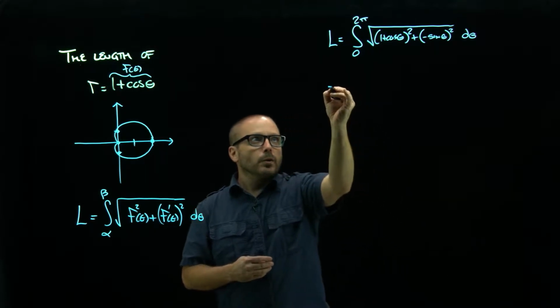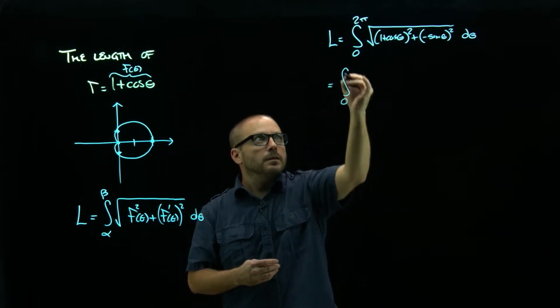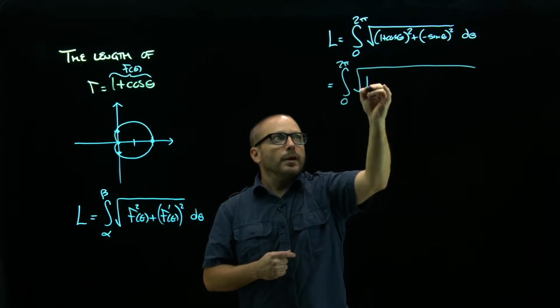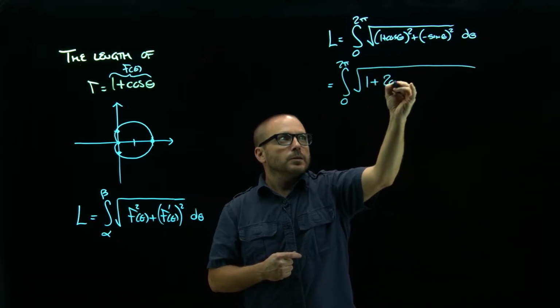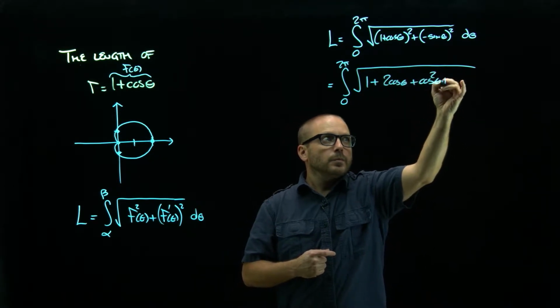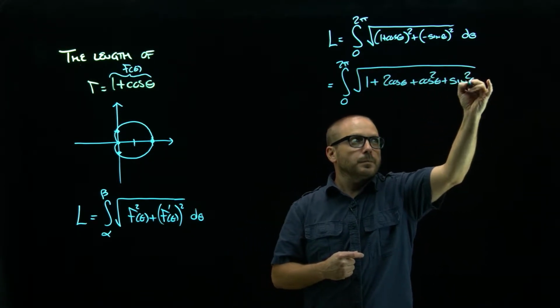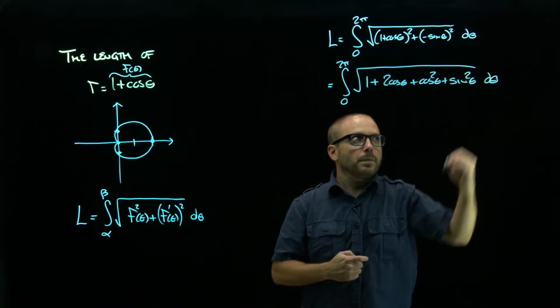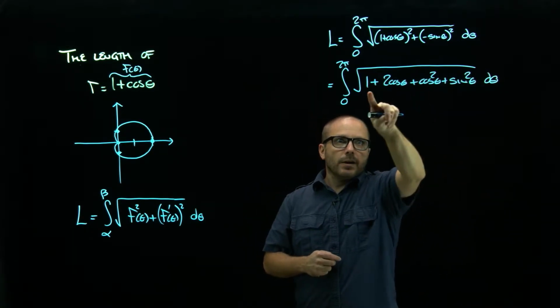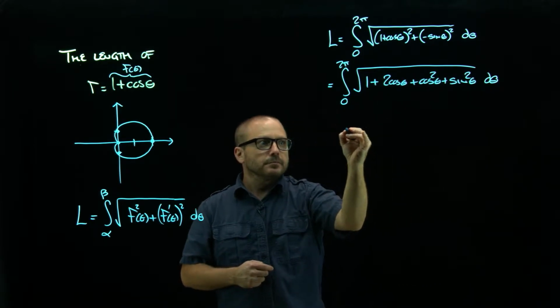Let's multiply everything out. So what do we have? 1 plus 2 cosine theta plus cosine squared theta plus sine squared theta. Sine squared plus cosine squared is 1. So we have 2 plus 2 cosine theta.